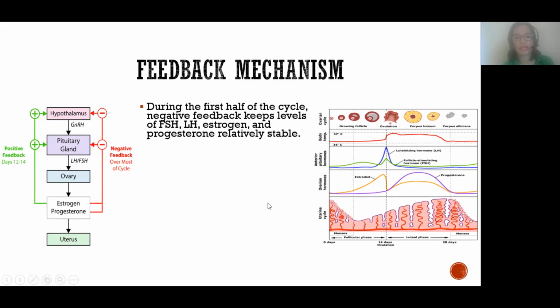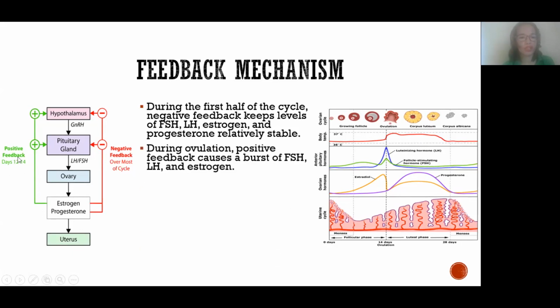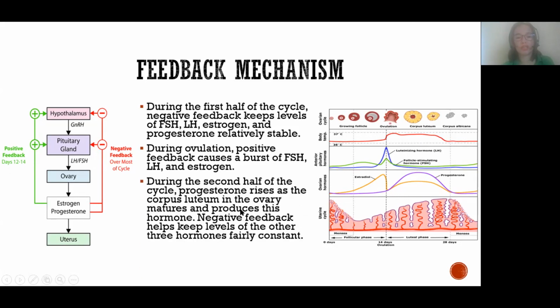In the ovulation, positive feedback causes a burst of luteinizing hormone, follicle stimulating hormone, and estrogen. So that's on days 12 to 14, that's ovulation.